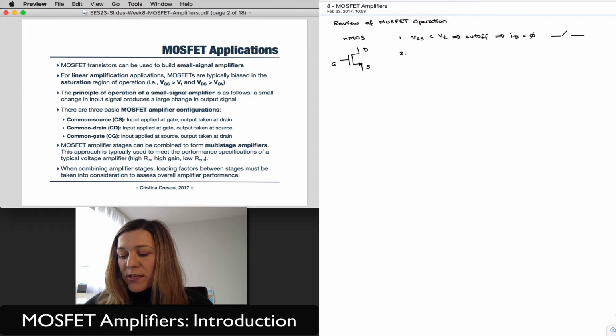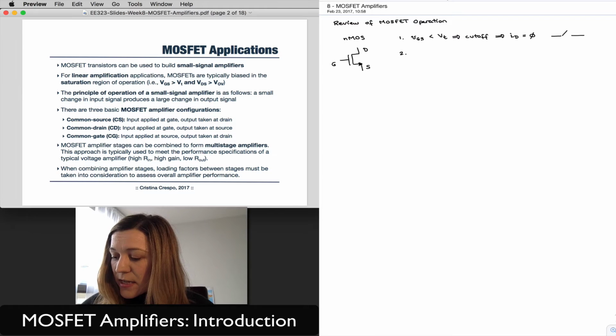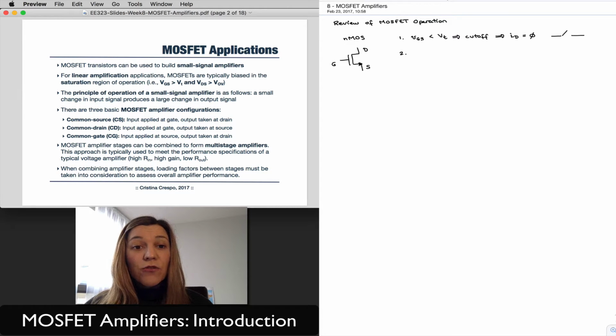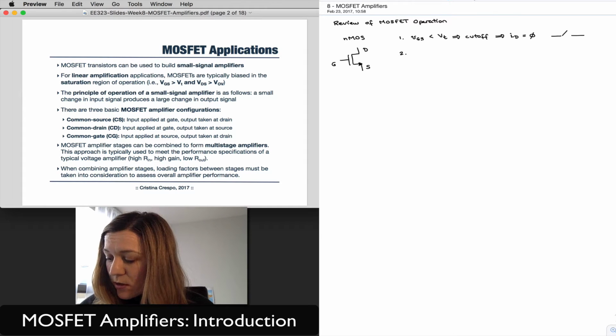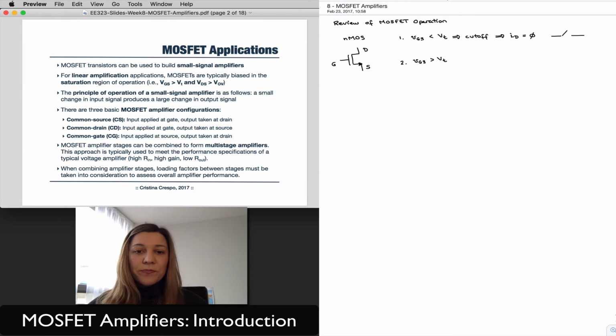If we keep increasing our gate voltage, our input signal, that VGS, we may reach a point where VGS exceeds the threshold voltage, and then a channel is induced. And so I'll put that as VGS is greater than my threshold voltage, assuming I'm talking about an enhancement MOS type of device.